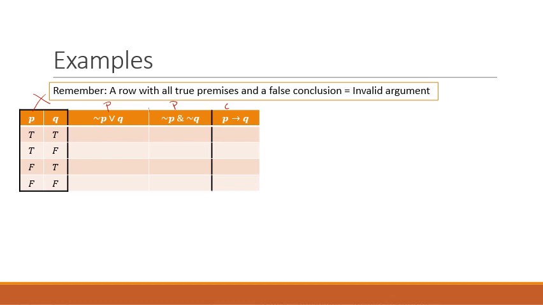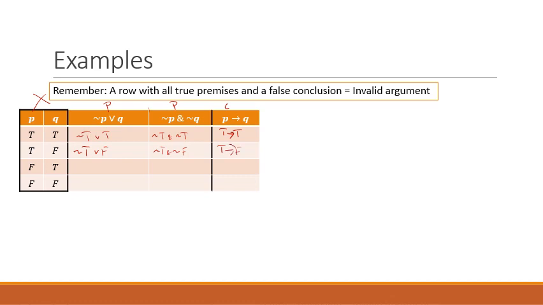So when we do our calculations, looking to the left here, we'll see what the value of everything is going to be. So this is going to be not true or true. This is going to be not true and not true. And this is just going to be true, arrow, true, and so on and so forth. I won't go through and do all of these, but just to give you a sense of what's going on here, row 2 would look like this: not true or false, not true and not false, and then this would be true, arrow, false.